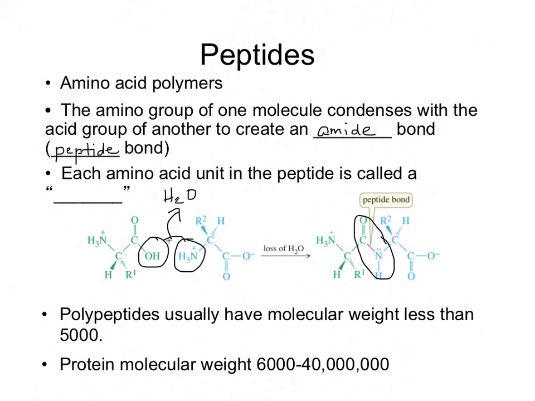Each amino acid unit, so that's each little individual monomer, is called a residue. So if I were to break the thing apart, say there were 5 amino acids all in a line, if I were to cleave each one, there would be 5 residues, and they would have their names associated with that. Yes?